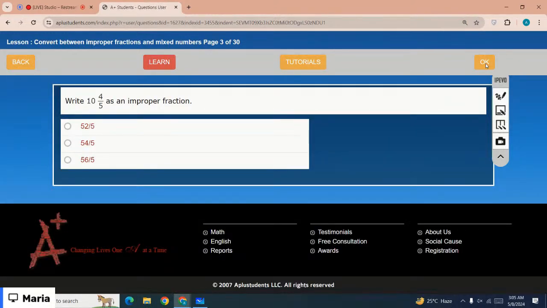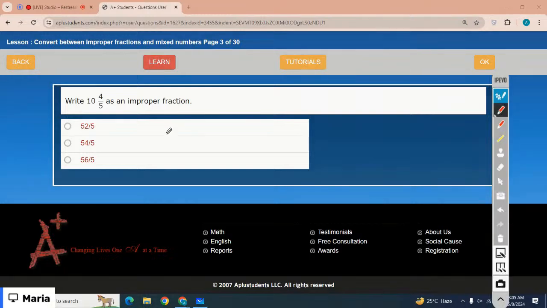Write 10 whole 4 by 5 as an improper fraction. So which is the correct option? So the whole number is 10, right? You can write the whole number as 10 over 1. Multiply it by the 5. That is 50 over 5, right?